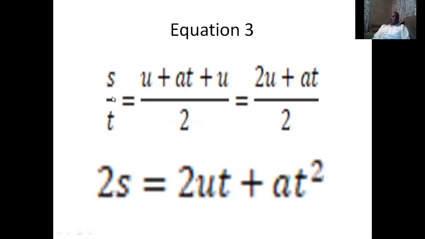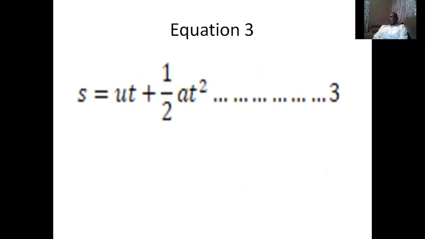Now, if we make s the subject of the formula, we are going to multiply 2 times displacement. It gives us this one. And then t multiplied by everything. So we're going to have 2ut plus acceleration times t squared. Okay, so this is what it is.